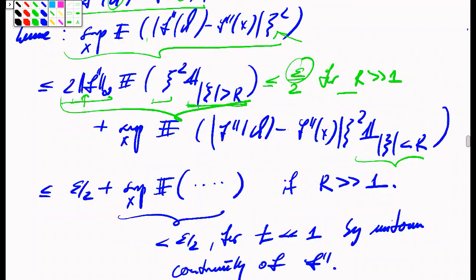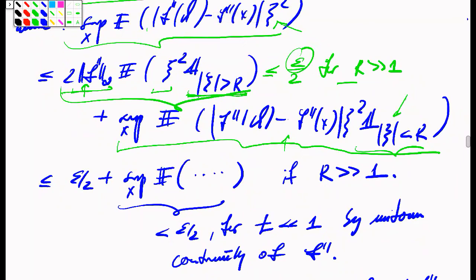Now the r is fixed, and I take a look at the second term, the second expectation, which is this evaluation of these differences of the f function on those realizations on the sub-event where the psi is in absolute value less or equal to r.